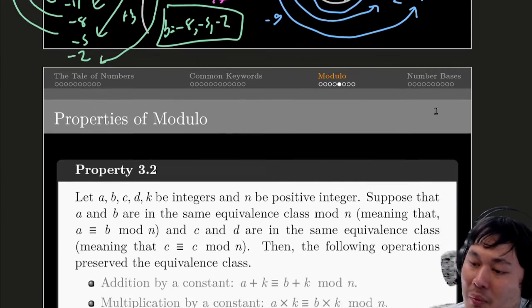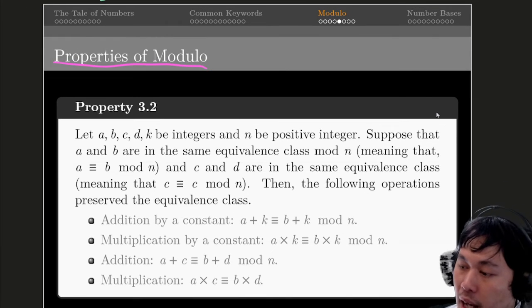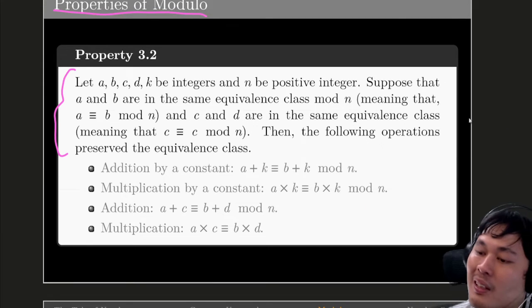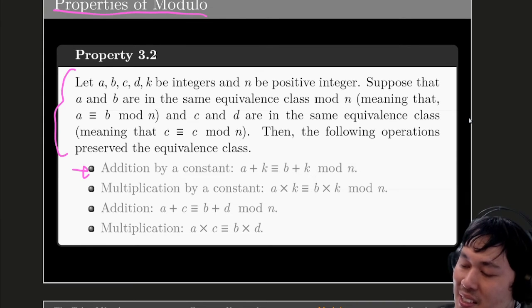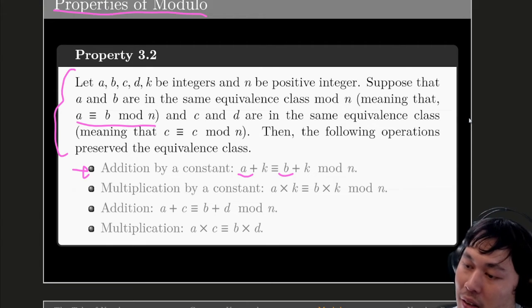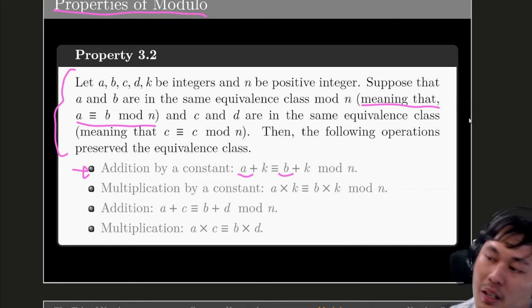We will see that in a moment. These are the properties of the modulo. You can pause and read, but I think you don't have to. This is simply saying that you can add numbers together. If A and B are congruent, they are in the same class, the same part of the clock.